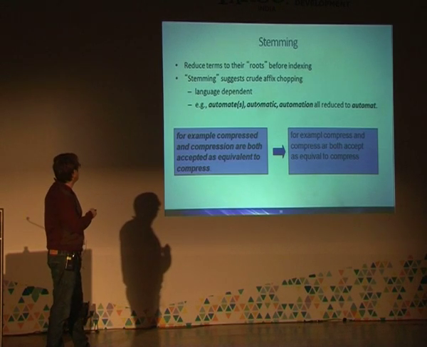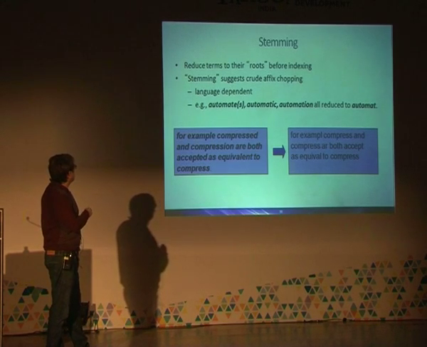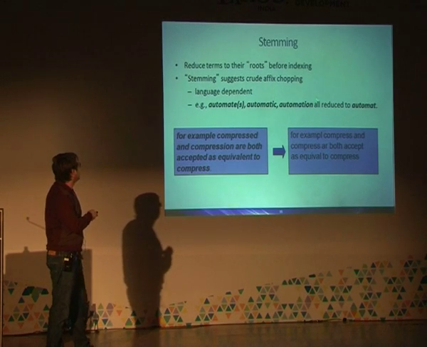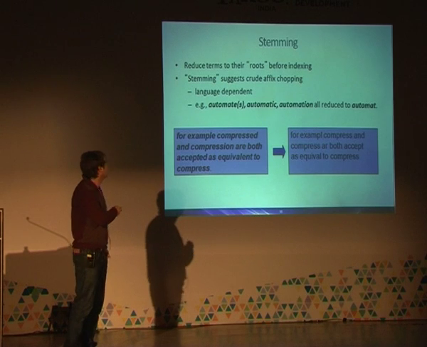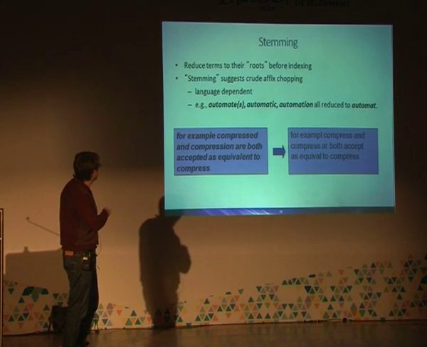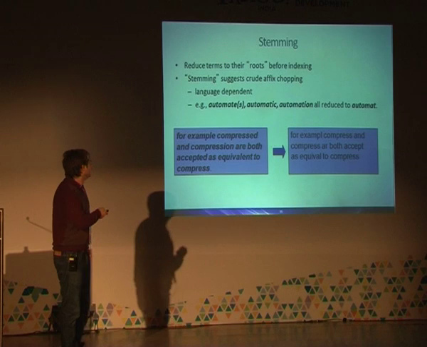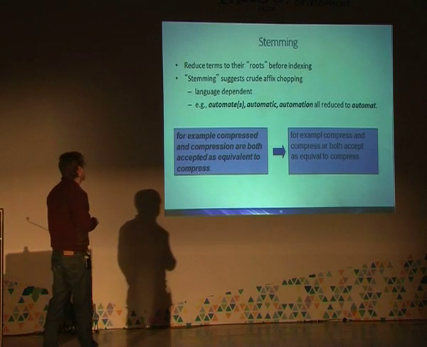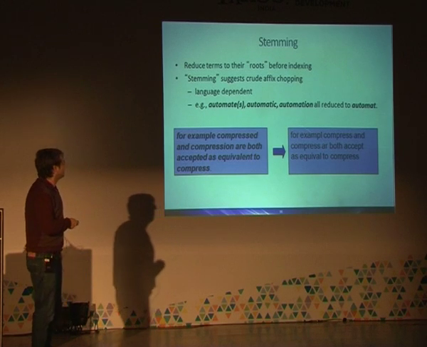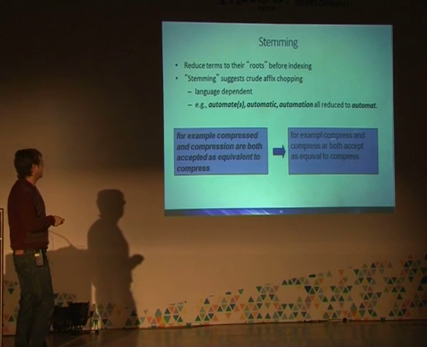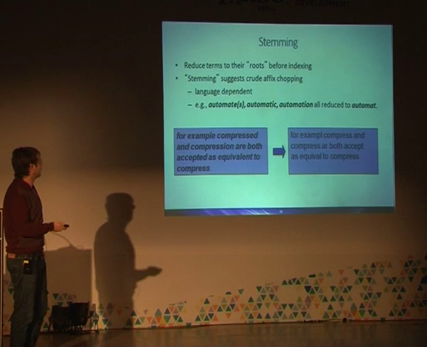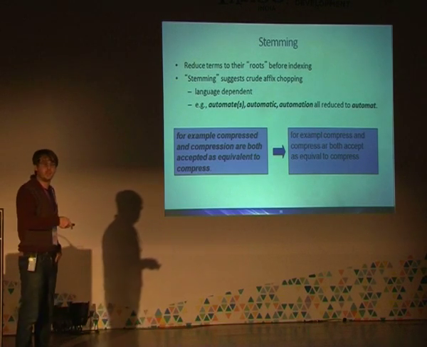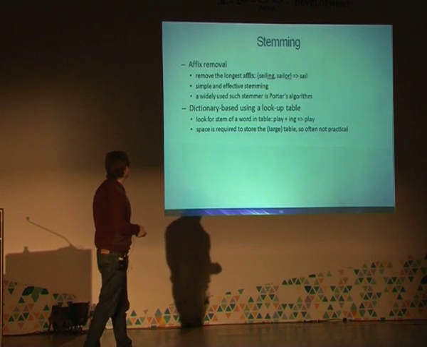Like you take the S out, you take the IC out, you take the ION out, and you put all these three words, automates, automatic, automation, into one. So a text like this, for example, where compress and compression are both accepted as equivalent to compress, will look like this to the machine. And these are the terms that you put in your search engine.